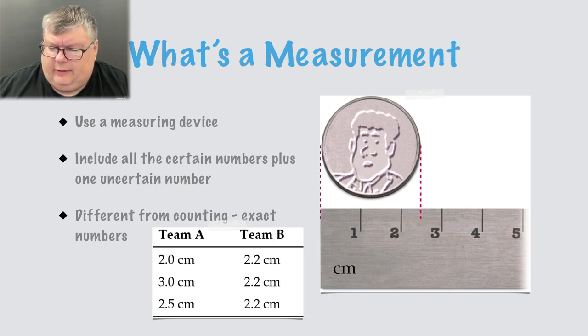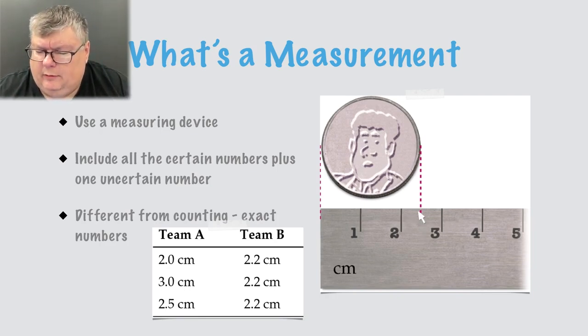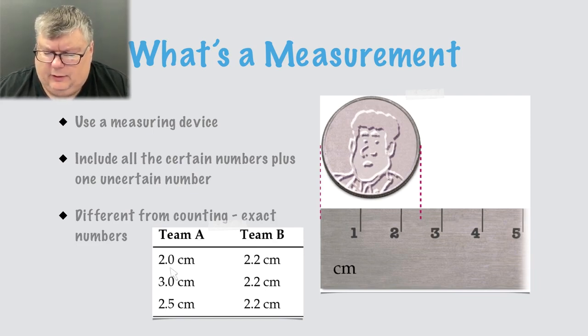The other one says it's directly on the 3, and one says it's directly on the 2.5. Whereas Team B says it's 2.2 all the way around. Now to me this looks a lot more than 2.2. It looks to me like 2.5. But 3 and 2 are not definite measurements for this, especially the 3. That's way overstating the size.